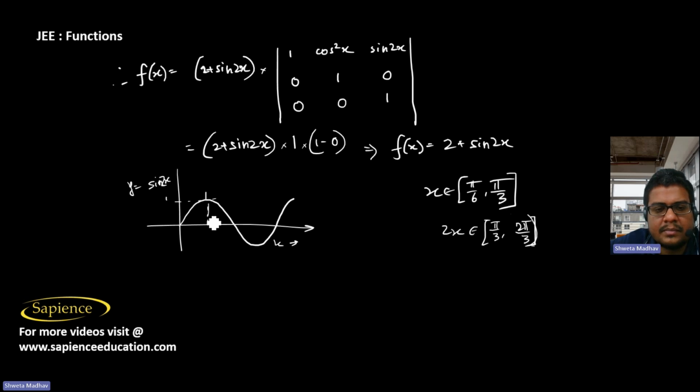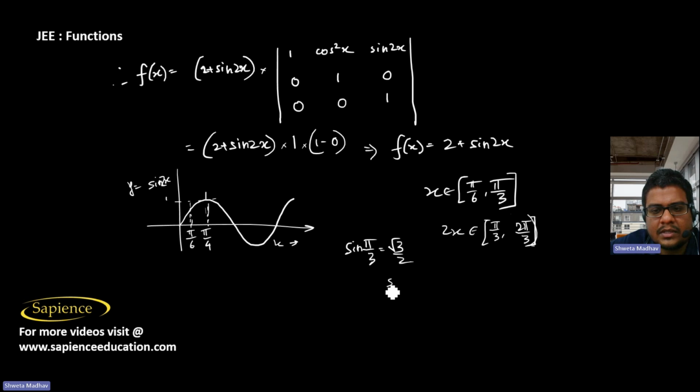So this is at pi by 2, 2x equal to pi by 2. Here it will be pi by 4, that's why. Pi by 6 is 30, so it will be somewhere here. So sine 2 pi by 6, so sine pi by 3, is equal to root 3 by 2. So this value is root 3 by 2 at pi by 6.